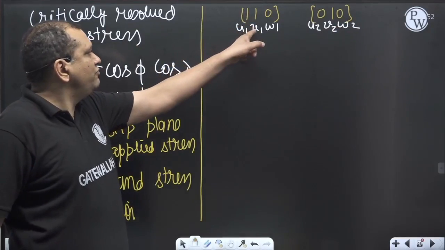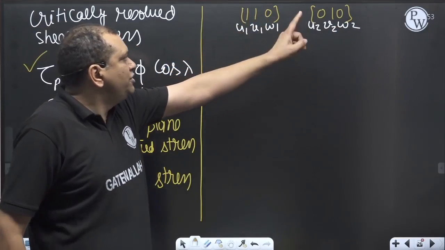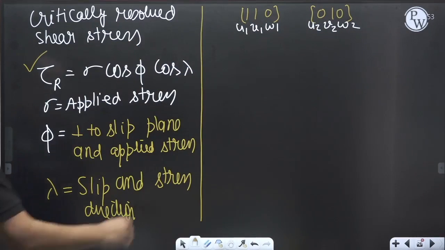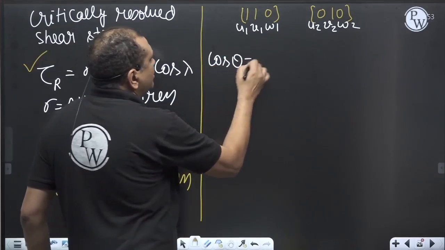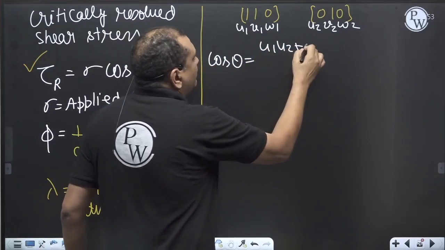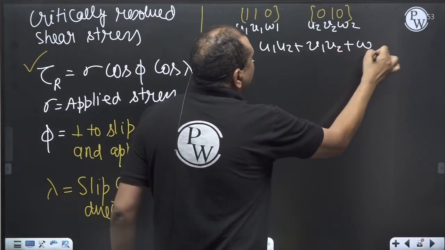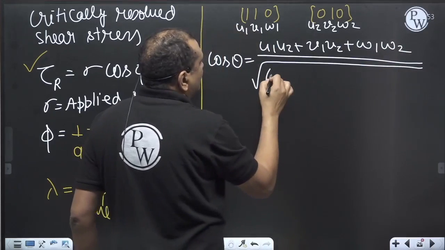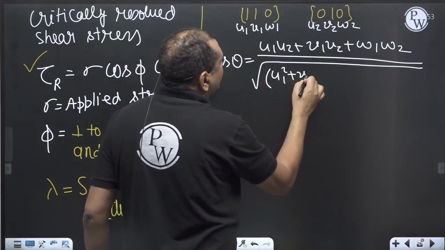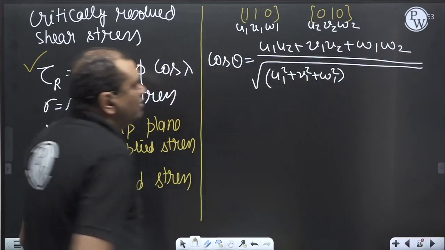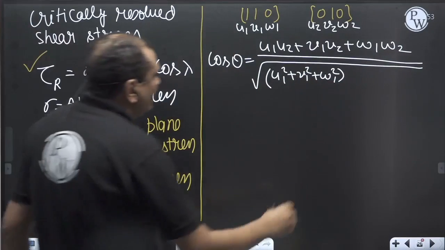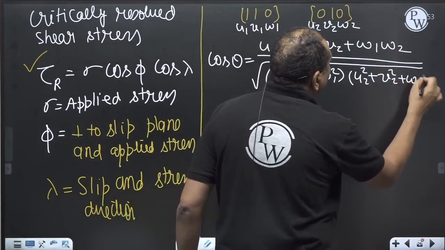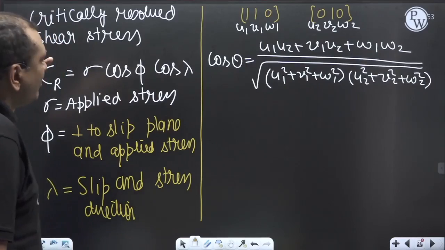U1 is equal to 1, V1 is equal to 1, W1 is equal to 0, U2 is equal to 0, V2 is equal to 1, W2 is equal to 0. Then cos theta is equal to U1 U2 plus V1 V2 plus W1 W2 divided by under root of U1 square plus V1 square plus W1 square, into U2 square plus V2 square plus W2 square. Okay, so this is the common formula for theta.